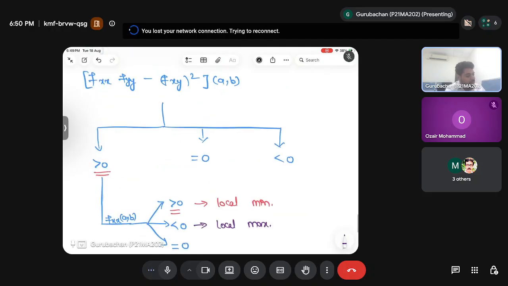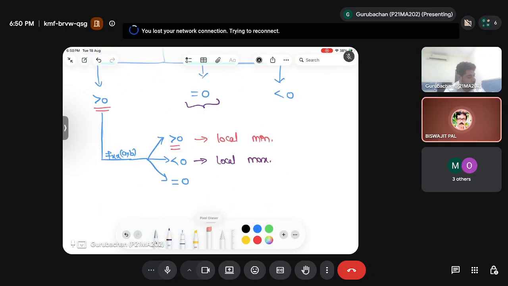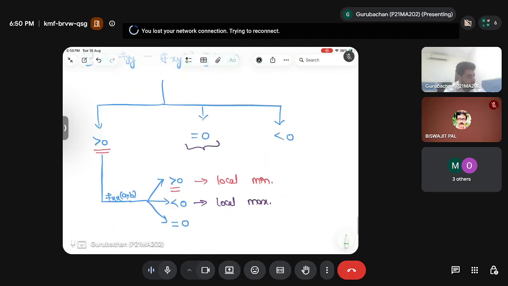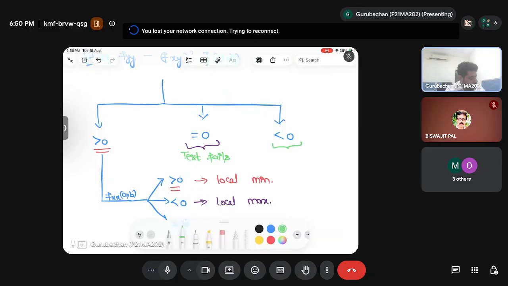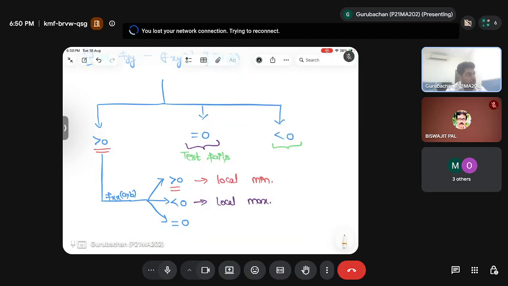And what about when this quantity equals 0? Nothing can be concluded. In other words, the test fails. And what about the determinant less than 0? Saddle point.